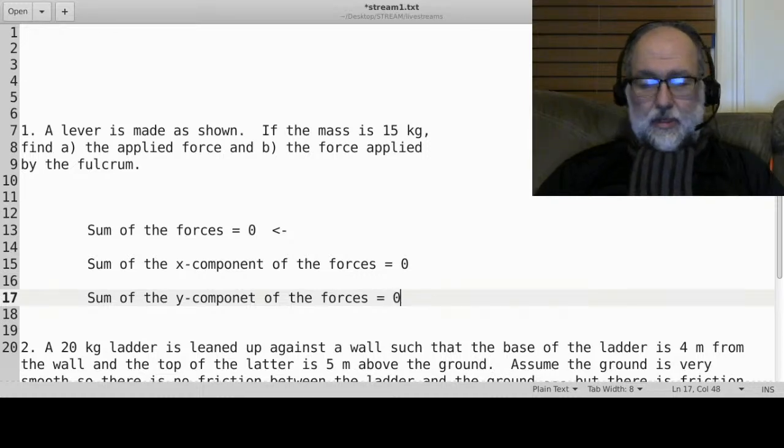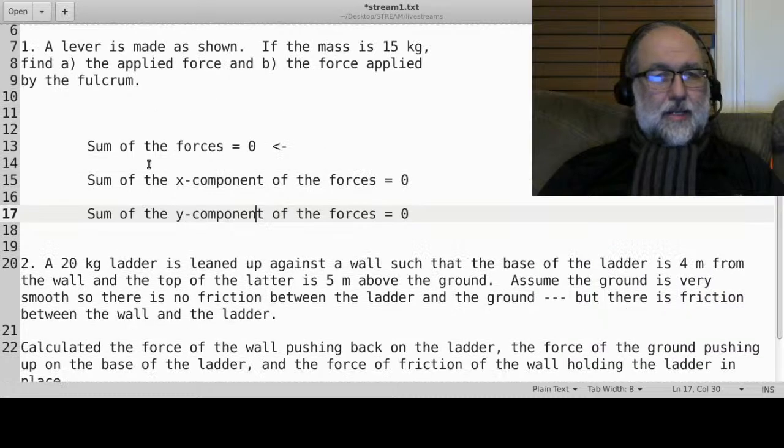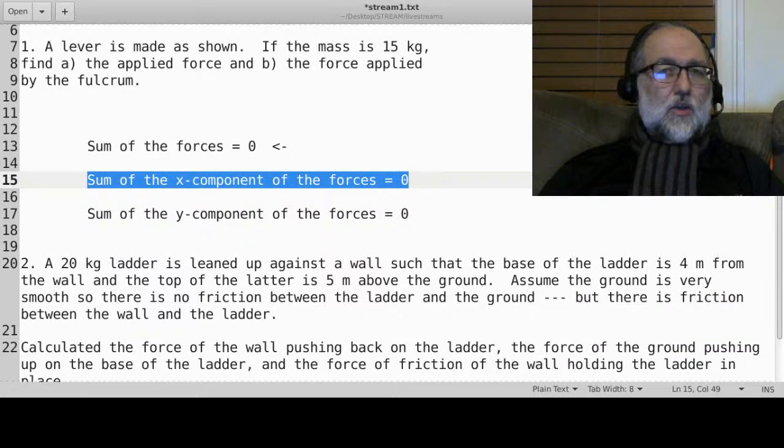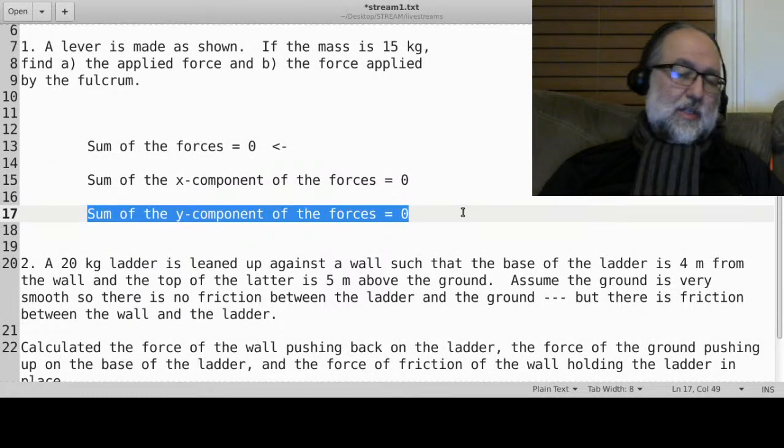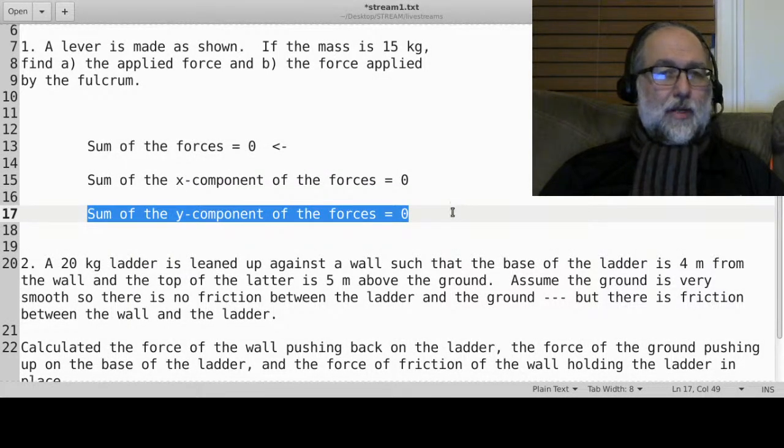I can't type. Okay, there we go. But as I said a minute ago, there are no x components, so we don't have to make use of that at all. All we really need is this one right here: the sum of the y components.